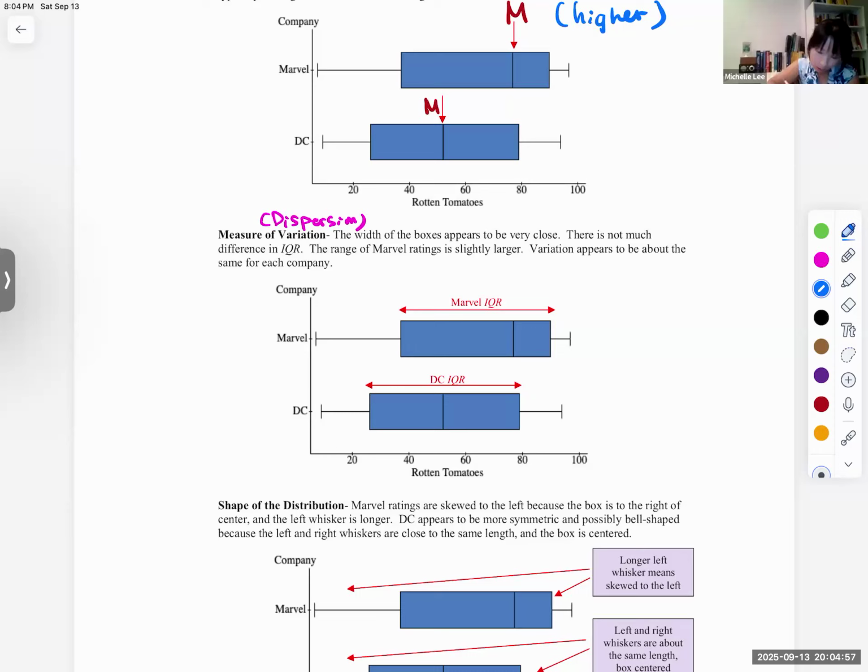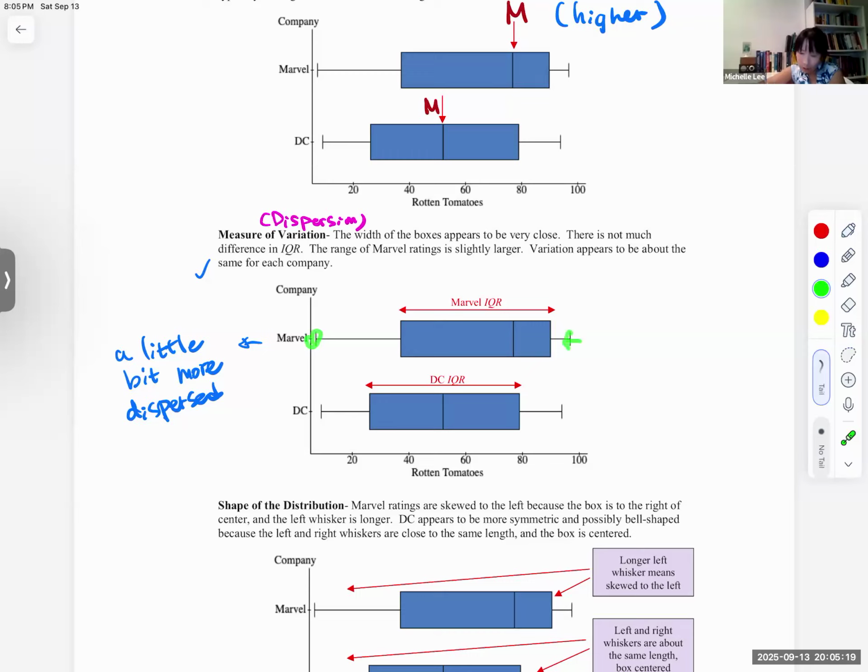But then they say it's about the same, huh? To me, it's a little bit more dispersed, just a little bit. Because this much and this much, yeah.